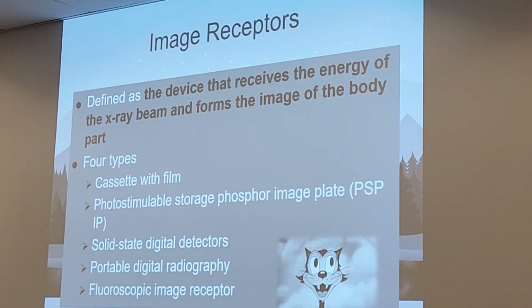Open up that cassette, take your film, feed it through a processor. This chemical processor will dunk the film into 2 types of liquid, wash it out, dry it, and a minute and a half later, you will have acquired 1 image on your patient. Okay, it was a 90-second process, 1.5 minutes.